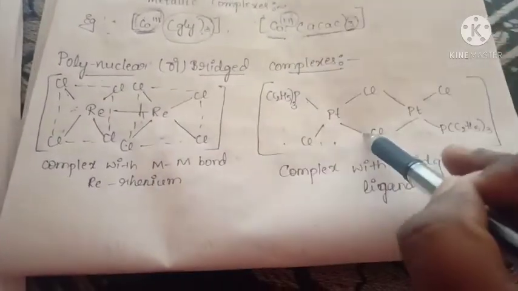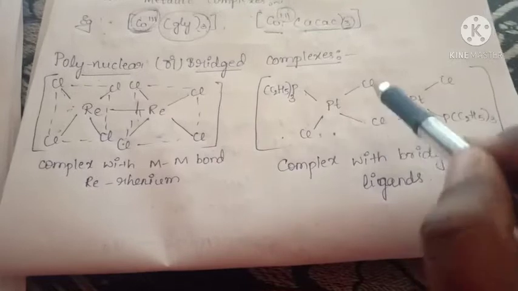Here also, see, platinum is the central metal atom and these are the ligands. This should be present in the square bracket. Square bracket means the coordination sphere.